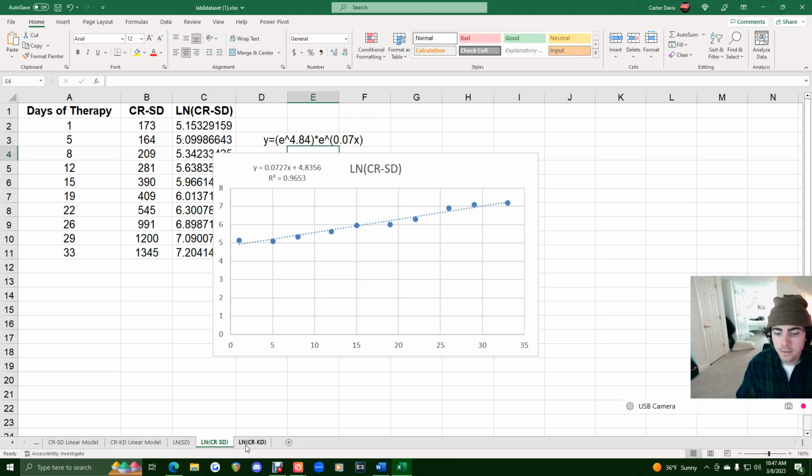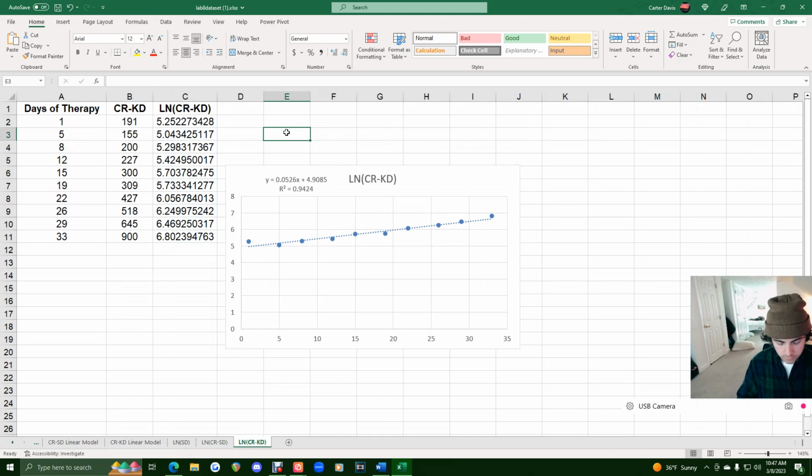All right. And then let's do this last one. Just type it right here again. Y equals e to the 4.91, coming from the b value, I'm getting them right here, right? 4.91 times e to the 0.05x. Make sure that's in parentheses if it's not clear already.